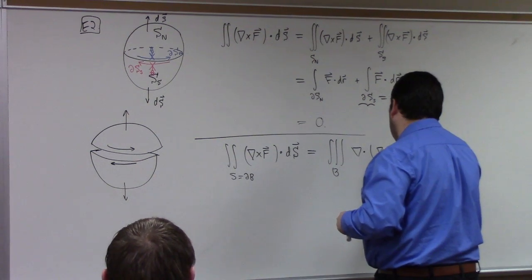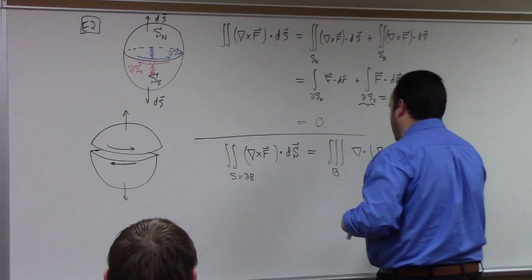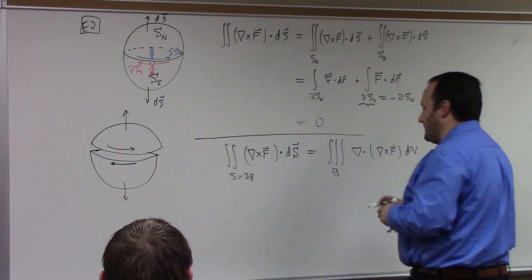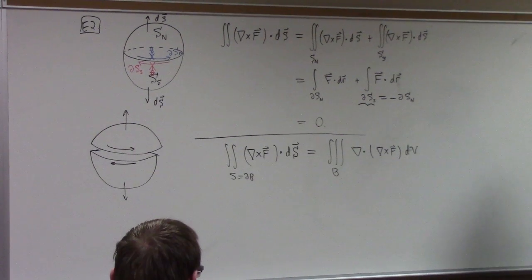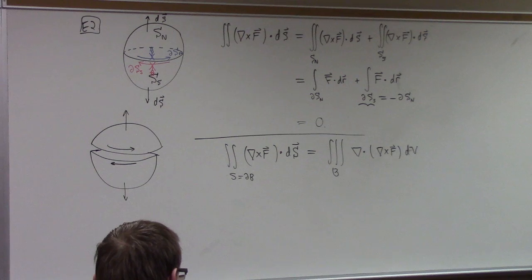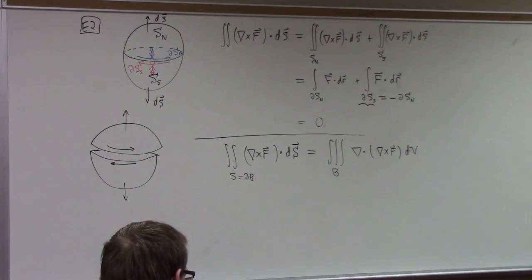But the vector field we're looking at here is a curl. And by the way, what did we prove back when we were talking about curl and divergence? Remember, we proved the curl of a gradient was 0, and we also proved, or I should have proved, or you should prove, that the divergence of a curl is also 0.